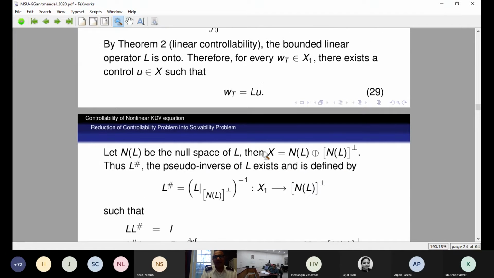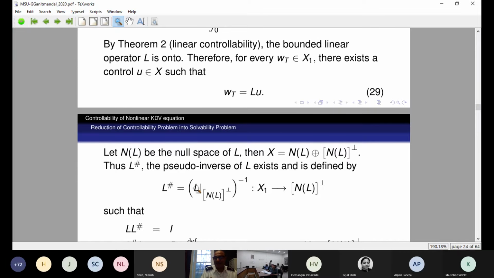That's why what I'm going to do, I'm taking the decomposition of my space X as null space NL direct sum NL part. So here the NL null space is OK, but for the NL part you have to be very careful, because we are looking for the inverse of the operator L, not in the full space, but in the restricted space.